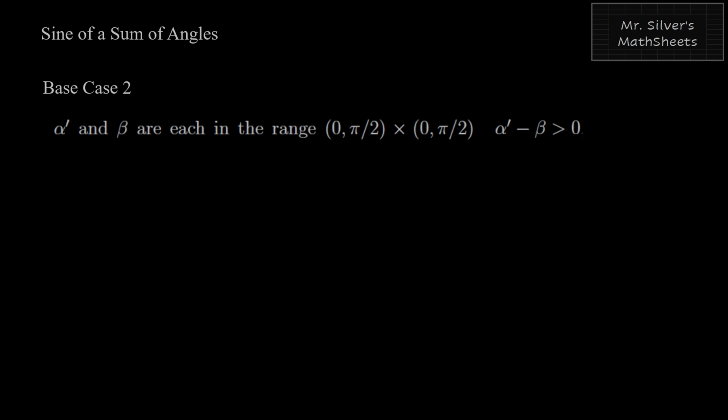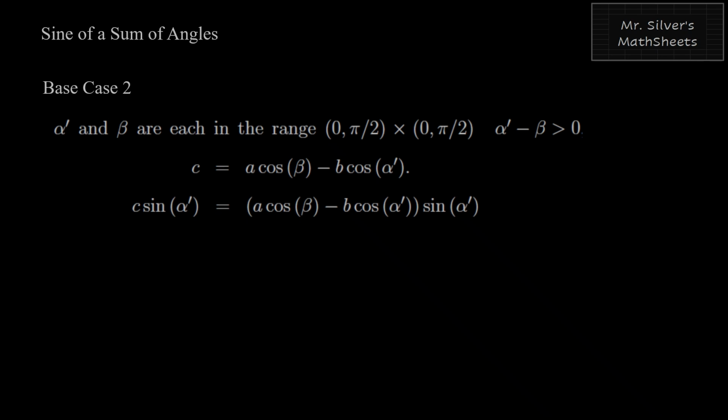Okay, so alpha prime and beta. We're going to use the fact that c is equal to a cosine beta minus b cosine alpha prime. We're going to multiply that by sine of alpha prime, just the way we did in the first version.